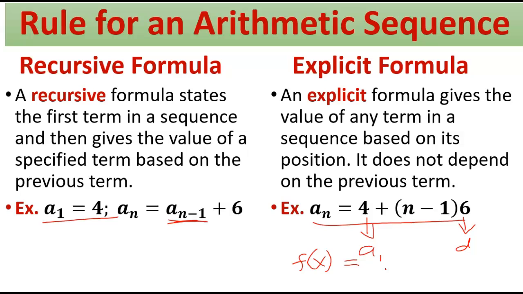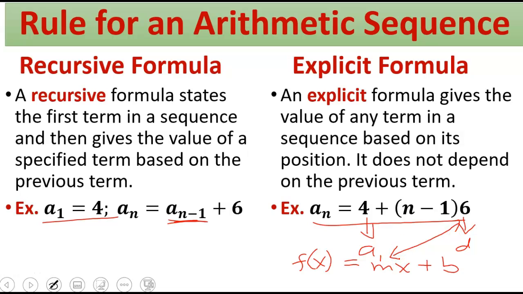the linear function will have a0, which is usually the y-intercept, so we call it b. So it's mx plus b. Here, m is the slope, and this slope is the same thing as the common difference.